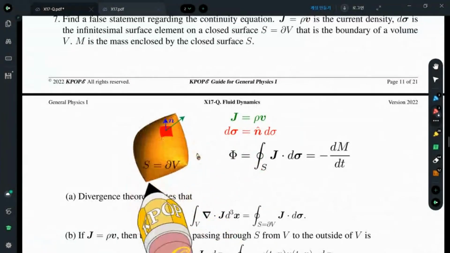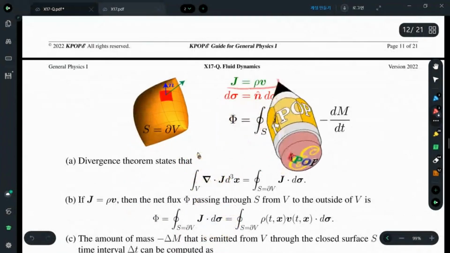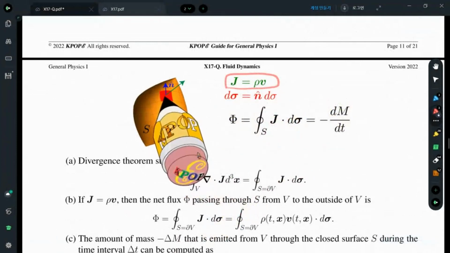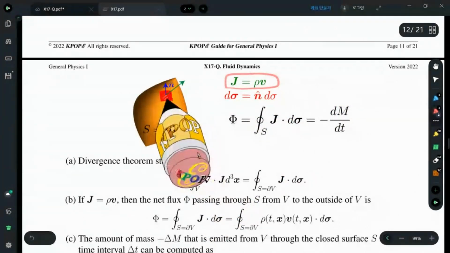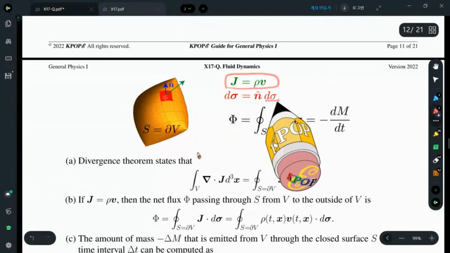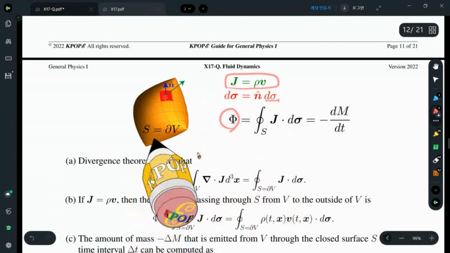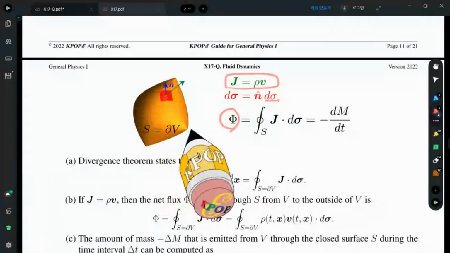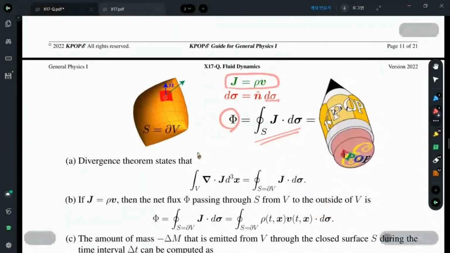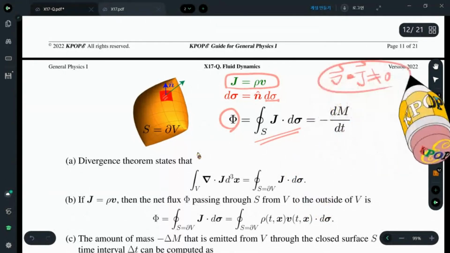So this closed surface looks like a cushion. Again, I have current density, that is rho times V, and a surface patch element with surface area sigma and normal vector n hat. I want to evaluate the flux over a closed surface, in general the case when divergence J is not equal to 0.